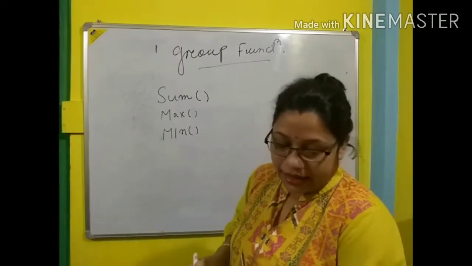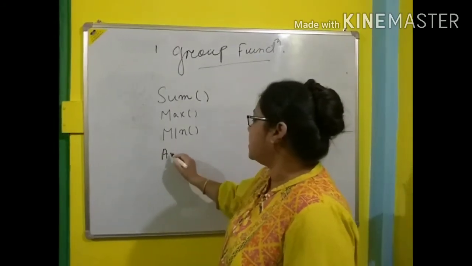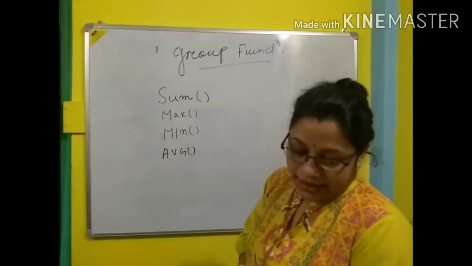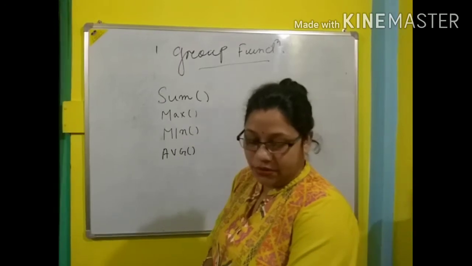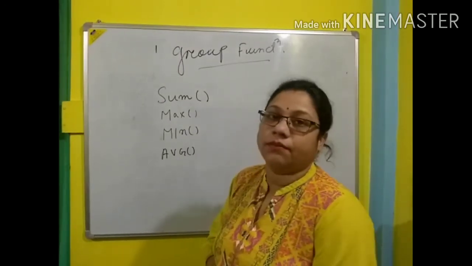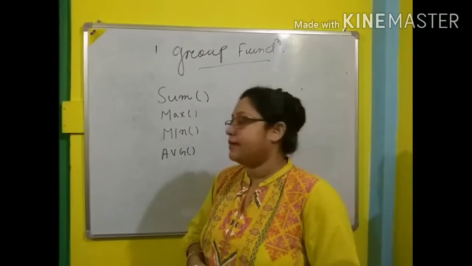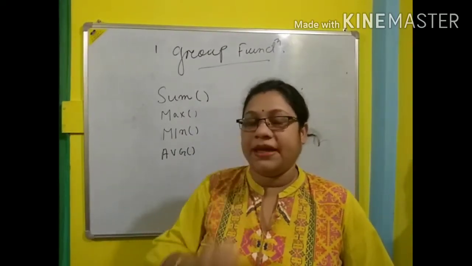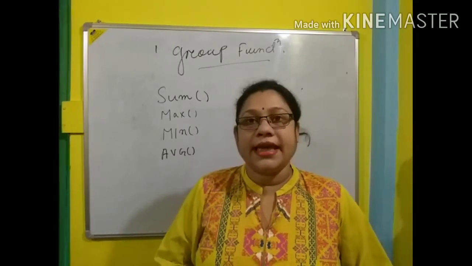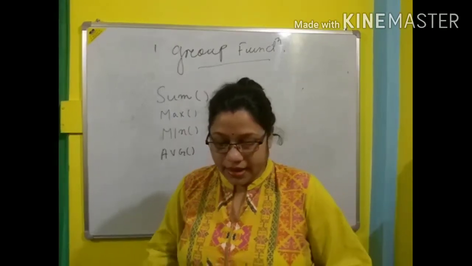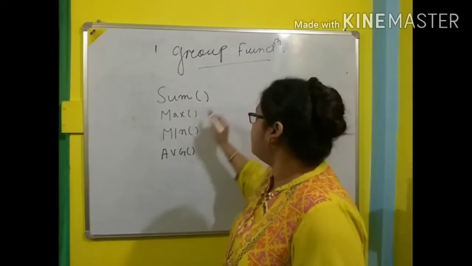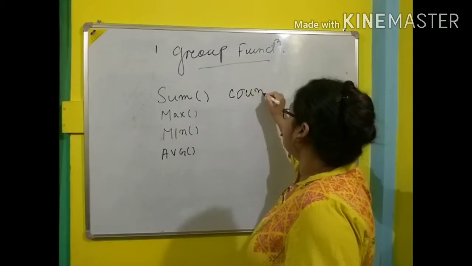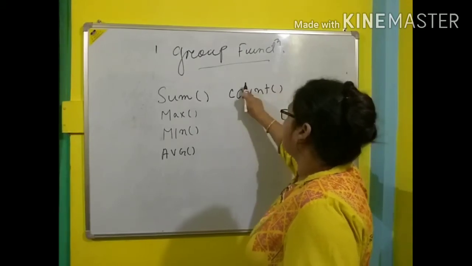Okay. After that we have one more function, that is AVG, that is average. It returns the average value of a specific column or expression. That means it is going to find out the average value from a group of values that is present in a column. Okay. After that we have one more function, that is count, C-O-U-N-T, count function.